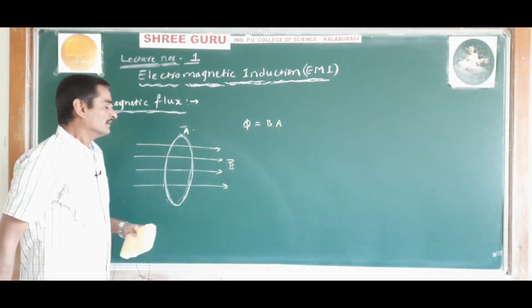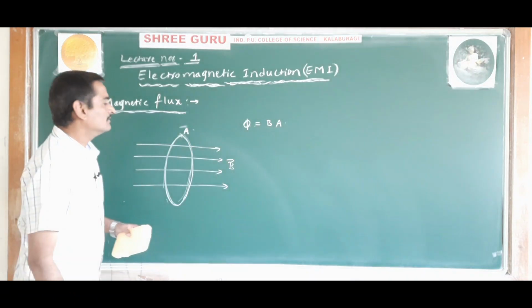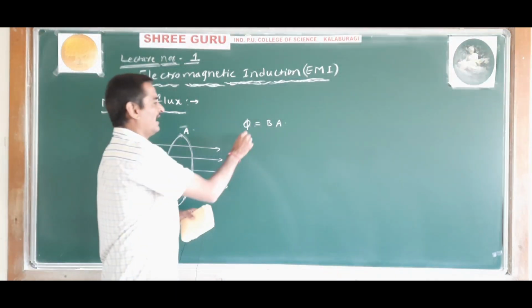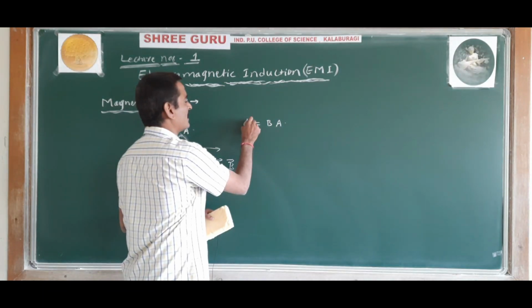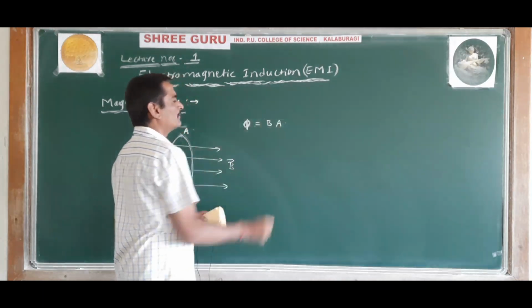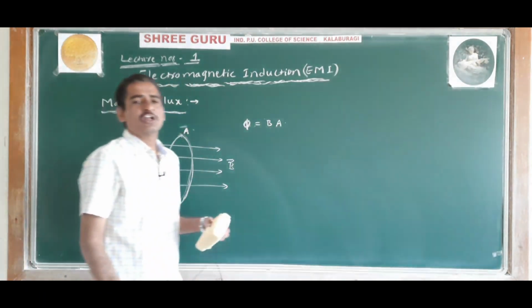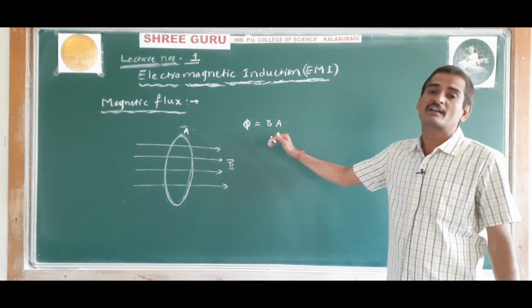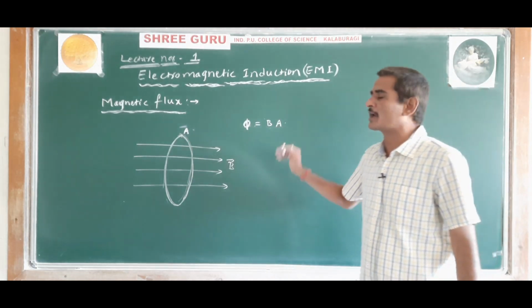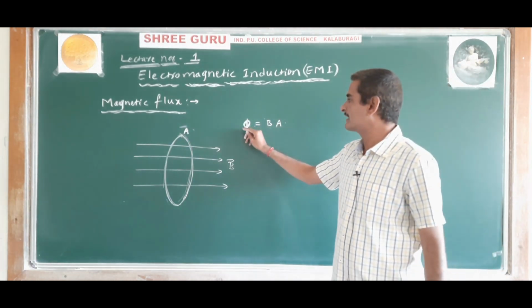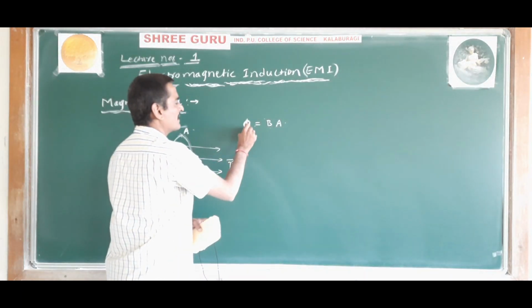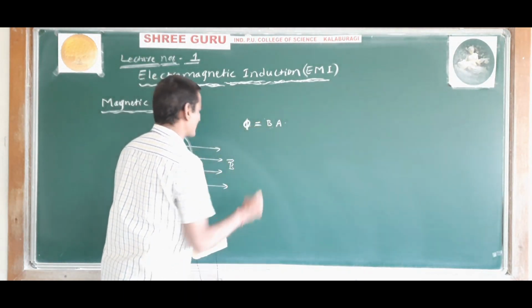In general, the magnetic flux through a surface is measured as the product of the component of the magnetic field normal to the area and the surface area.